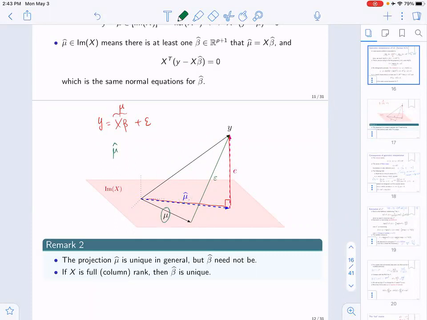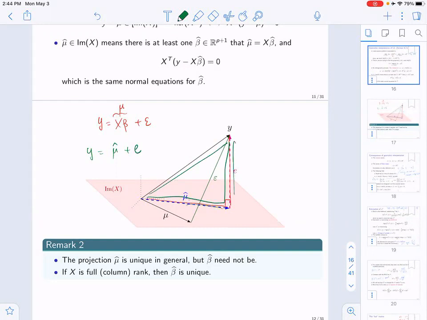And E is epsilon, the other E. So if I add this to this, I get back this.